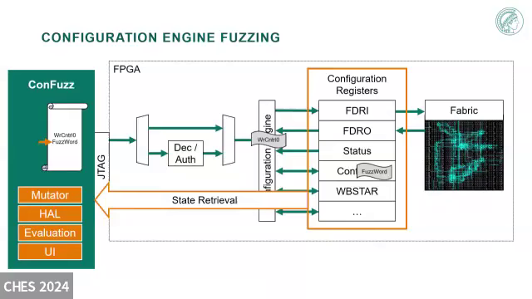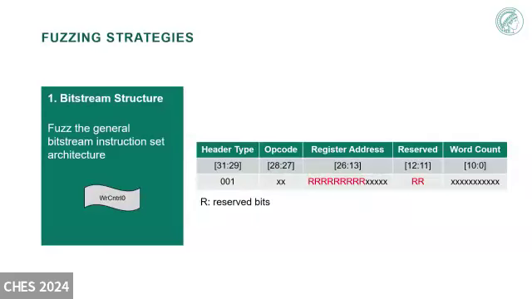So we came up with 3 strategies to only test the important bitstreams, or the meaningful bitstreams, and not every bitstream. And the first strategy is this bitstream structure strategy. So where we started fuzzing this command structure of the bitstream, right? So this instruction set.